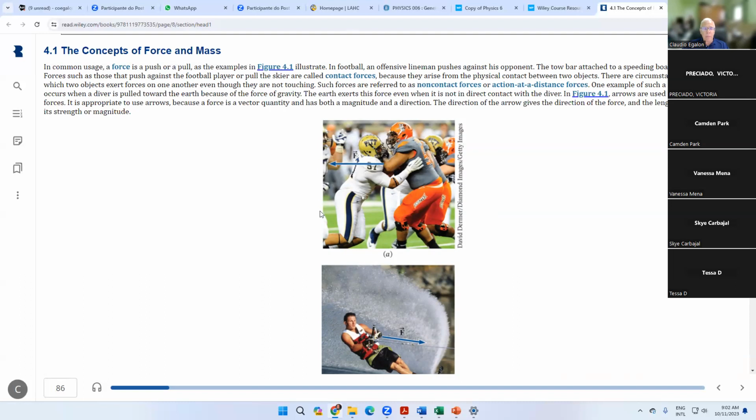Not only do you have this force being applied to the guy in the yellow helmet, which is to the left, but the guy in the yellow helmet is also applying a force to the player in the red helmet. That's a contact force.